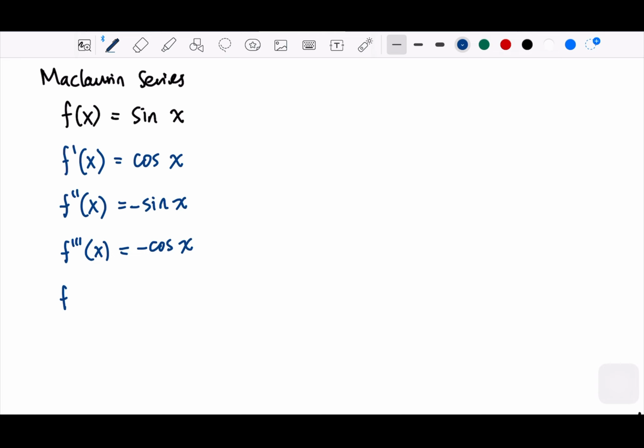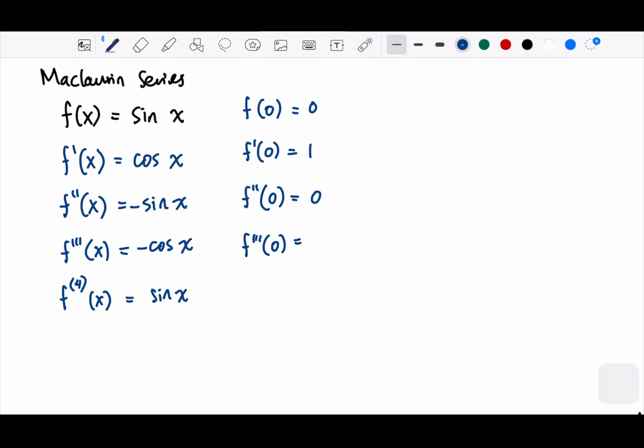Let's say four terms. For the fourth derivative, we usually write 4 in brackets like that. It means the fourth derivative. And then take x equals 0. Then you will see the coefficients become 0, 1, 0, which means that those terms can be removed because of 0, right?